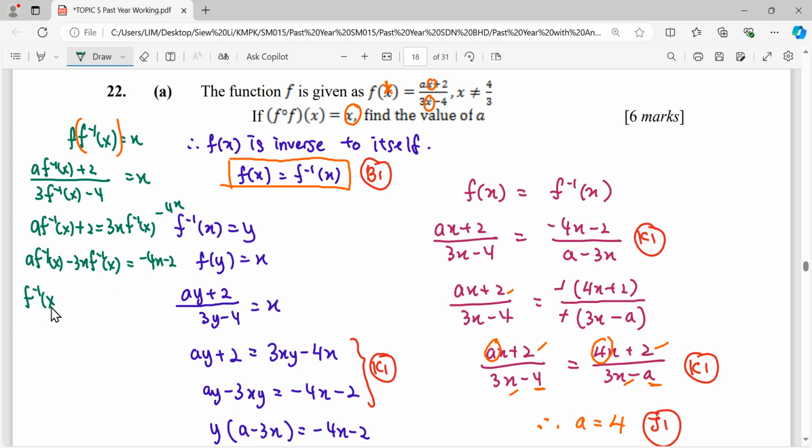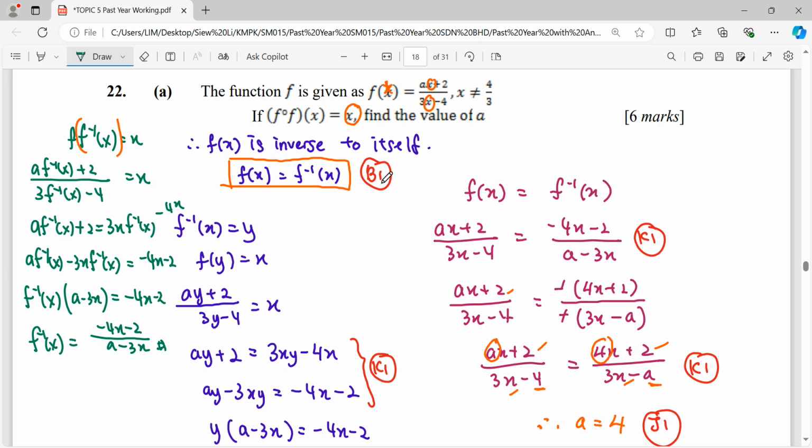Then we factorize this f inverse. A minus 3x is remaining. Then finally, we have our f inverse, which equals to negative 4x minus 2 over a minus 3x.